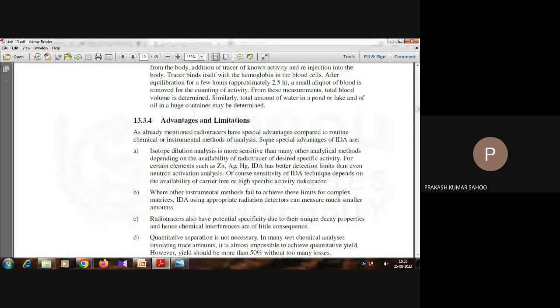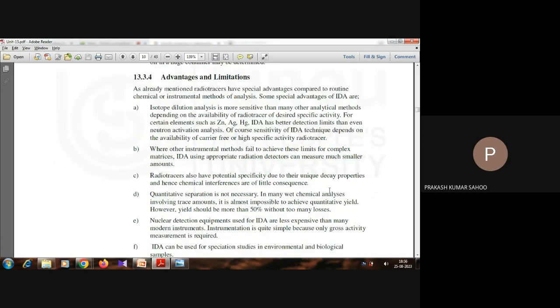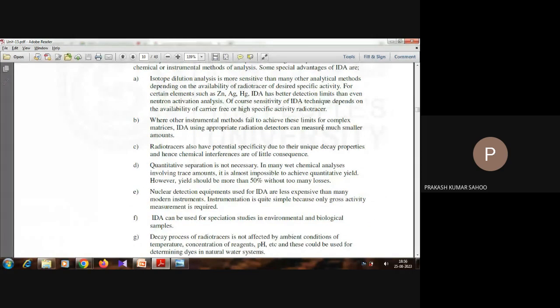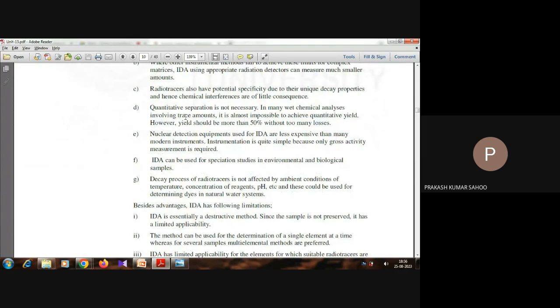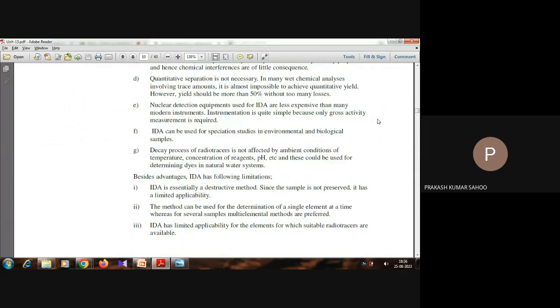Then what are the advantages? Isotope dilution is more sensitive than other analytical methods due to the application of the radiotracer, which is very active. For elements like zinc, silver and mercury, IDA has a better detection limit. Where other instruments fail to achieve the limit in complex matrices, IDA can appropriately detect. Radiotracers also have potential specificity due to their unique decay property. Quantitative separation is not necessary for the analyte.